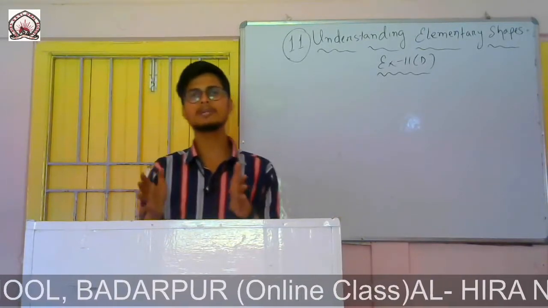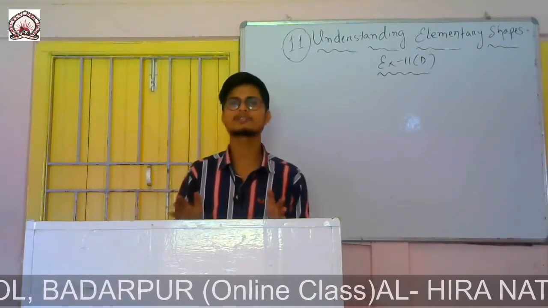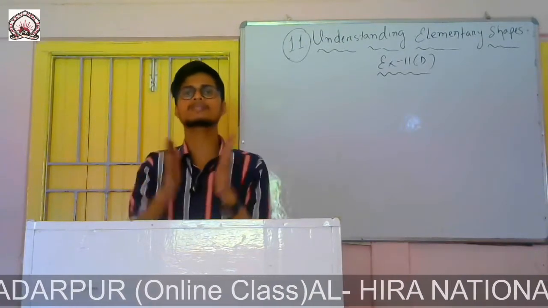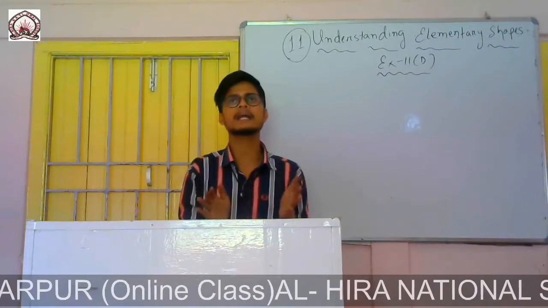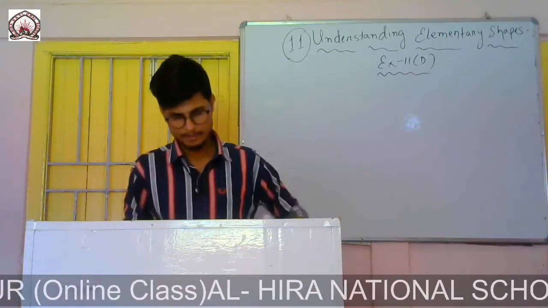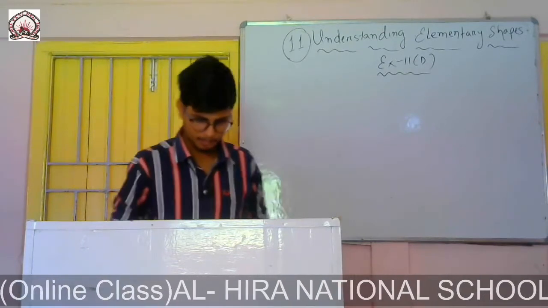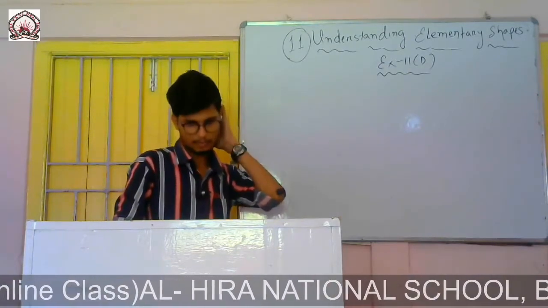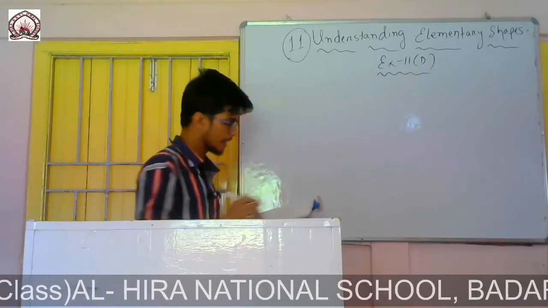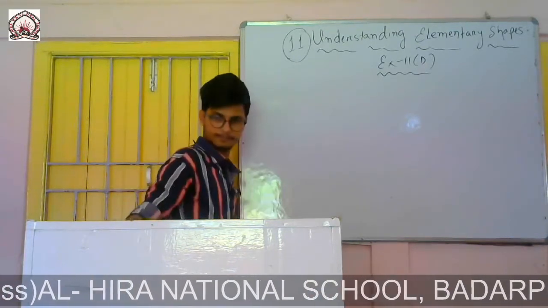In case of equilateral triangles, all three sides are equal, but in case of isosceles triangles, only two sides are equal. So we can say that an equilateral triangle is a special type of isosceles triangle. The question is to explain why. So you write the answer.